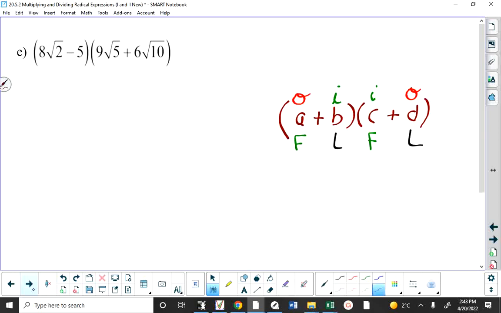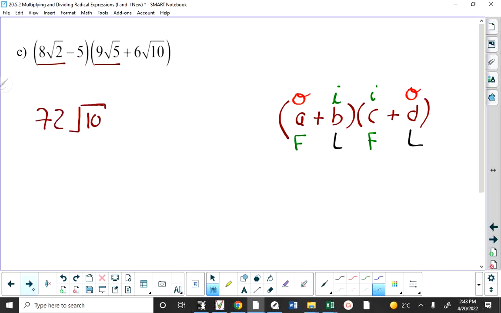But look, when I multiply first, everybody, I am not going to write 8 root 2 times 9 root 5. I'm going to say 8 times 9 is 72. Root 2 times root 5 is root 10. That's my first.